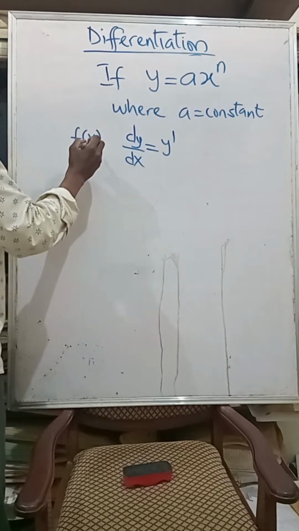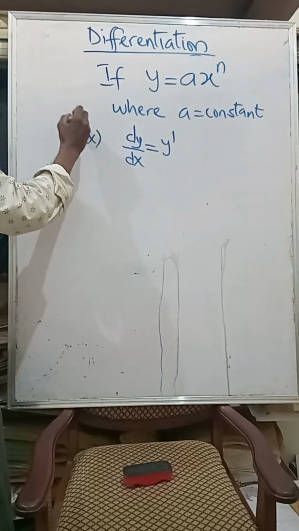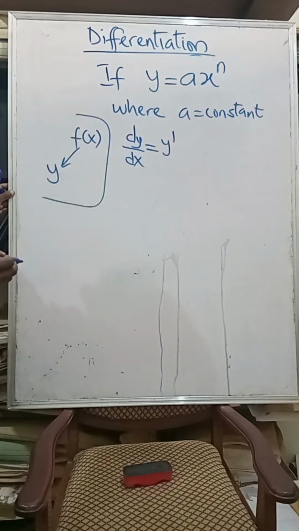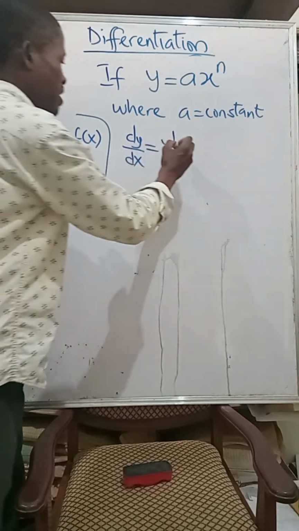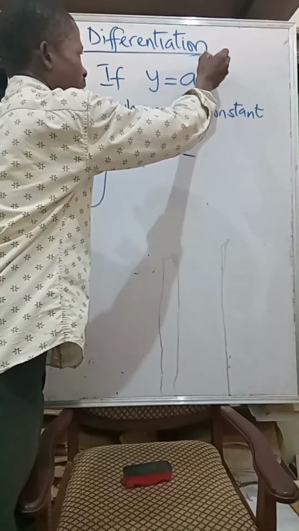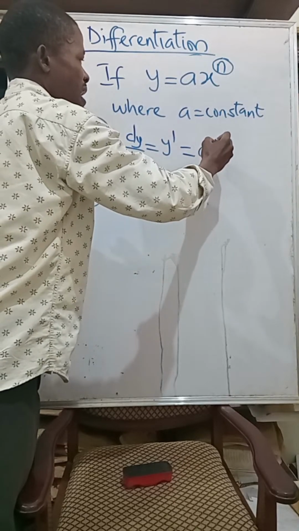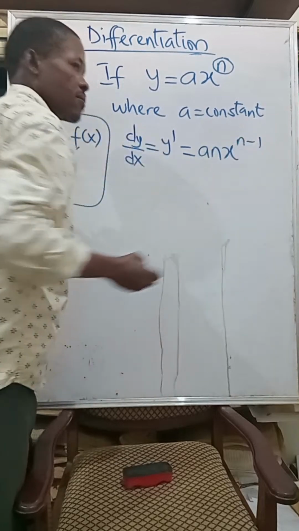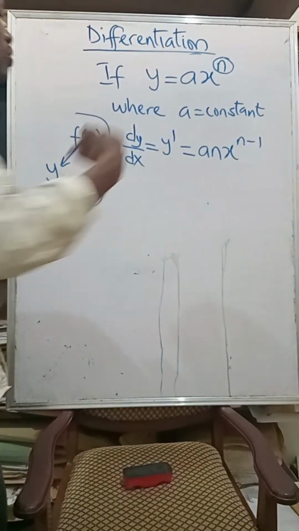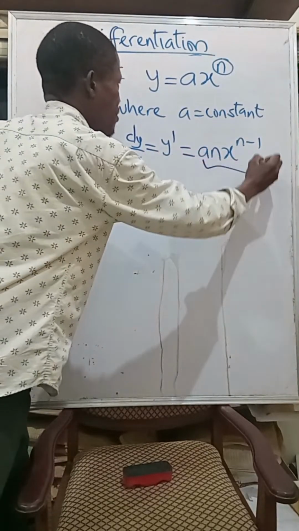So this will be equal to the power going to the front, and that will be a n x to the power n minus 1. Your a could be positive or negative. So that's that on this form.